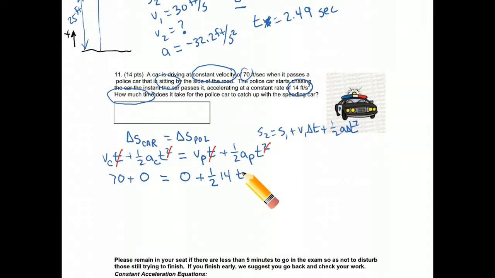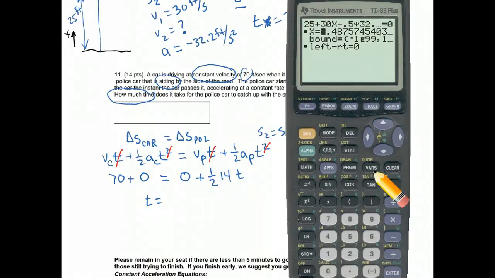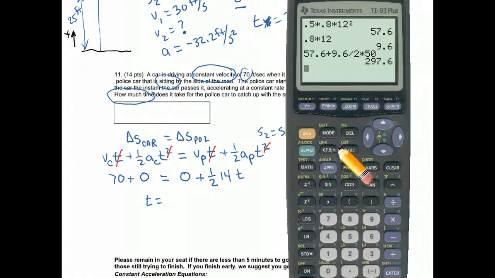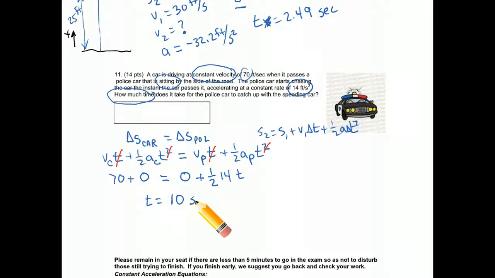And that's T. Wow, that worked out pretty nice. T is equal to, bring our calculator back, oh, I can do the algebra pretty easily here: 70 times 2 divided by 14. T is 10 seconds.